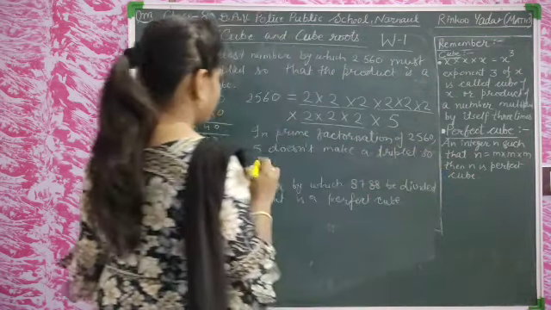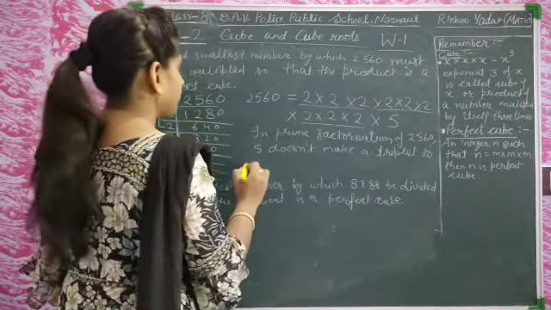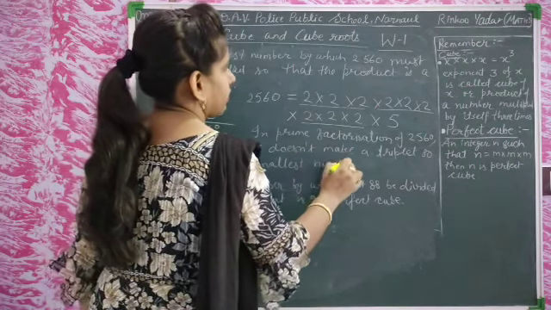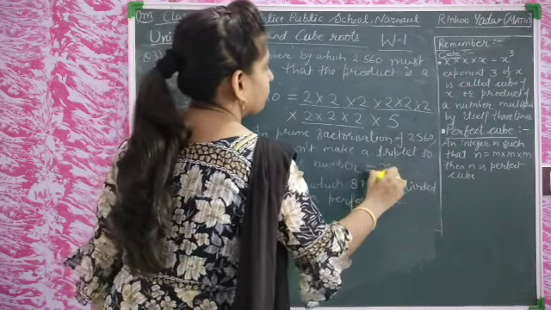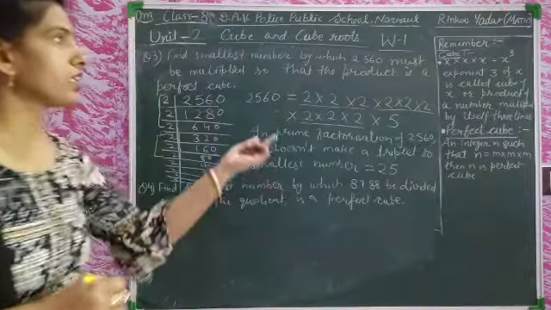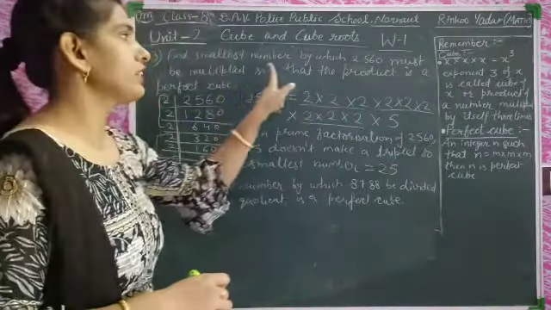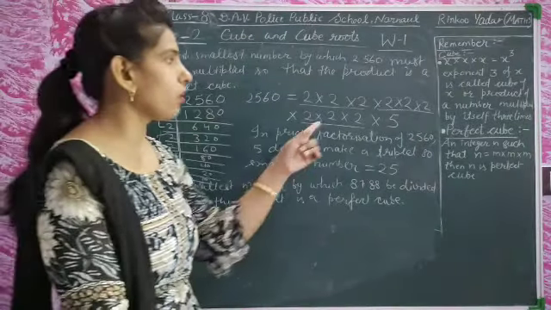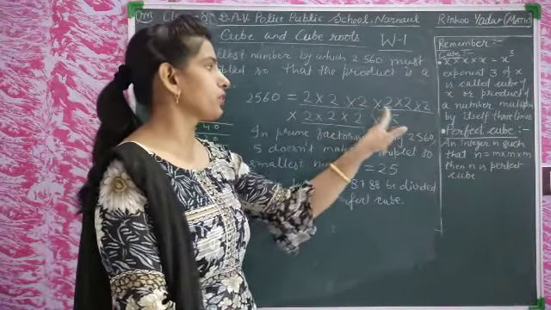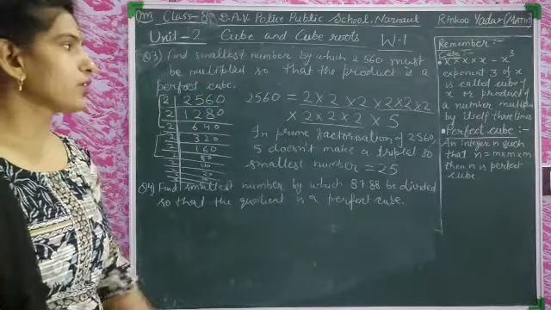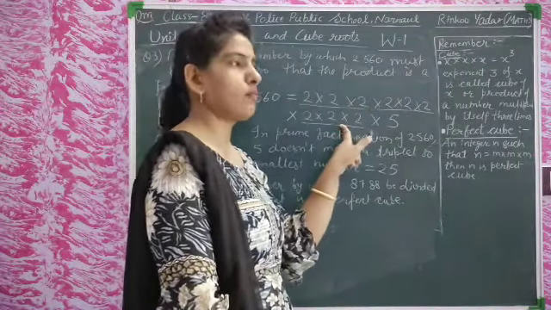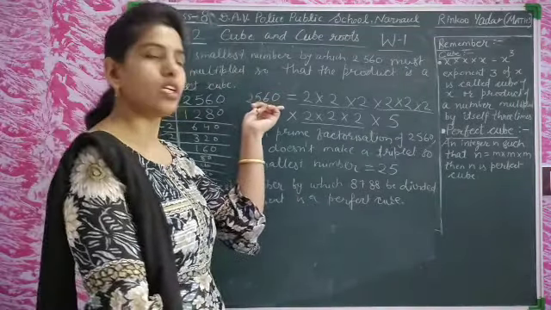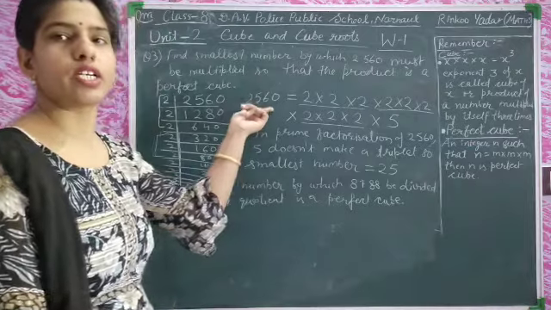So the smallest number 25 must be multiplied so that the product is a perfect cube, and the cube root is 2 into 2 into 2 into 5, that is 2 fours are 8, and 8 fives are 40. This is the perfect cube of 40 if this is multiplied by 25.